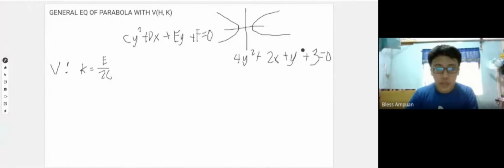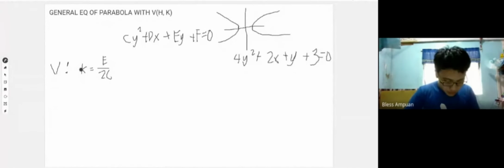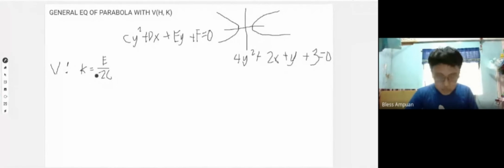What we need to do is just substitute. To find k, the ordinate of our vertex, it is negative e over 2 times c. Then to find h, it is directly e squared minus 4cf over 4cd.